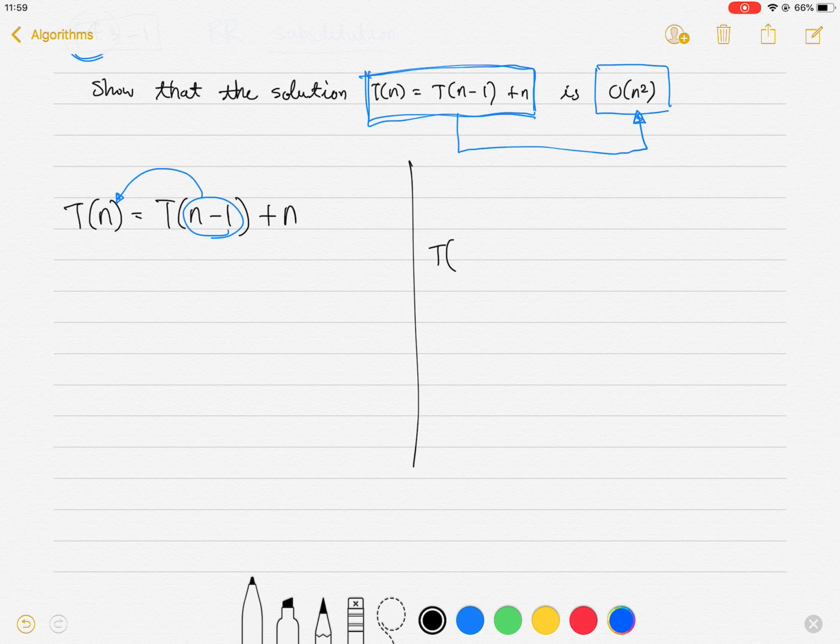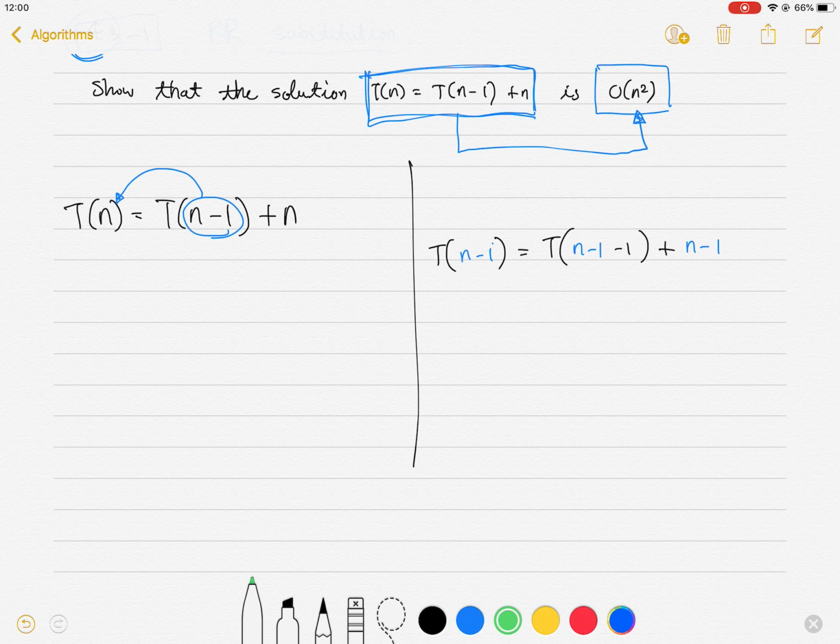Every time we see an n, we just replace it with n minus 1, since we're plugging the recursive function back into itself. So this would be t of n minus 1 minus 1, and then plus n minus 1.